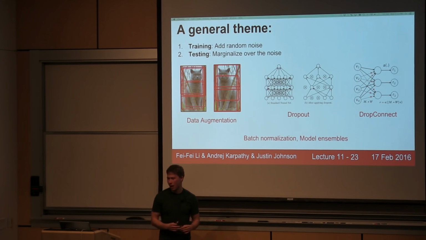For dropout and drop connect, you can evaluate and marginalize this out more analytically. And for batch normalization, we keep these running means. So I just think that's a nice way to unify a lot of these ideas for regularization: you add noise at the forward pass and then marginalize over it at test time. So maybe keep that in mind if you're trying to come up with other creative ways to regularize your networks.